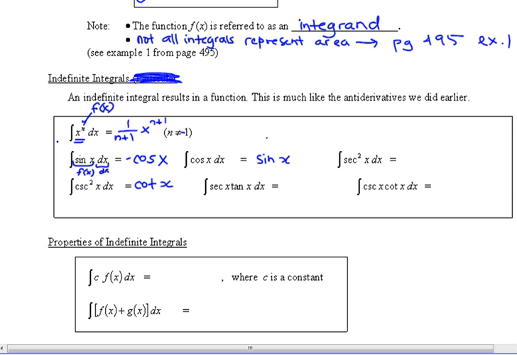Secant tan? Secant. This one you should know. Secant squared, tan. Cosecant cotan would be cosecant? It's not negative, it's negative cosecant. It would be negative cosecant.